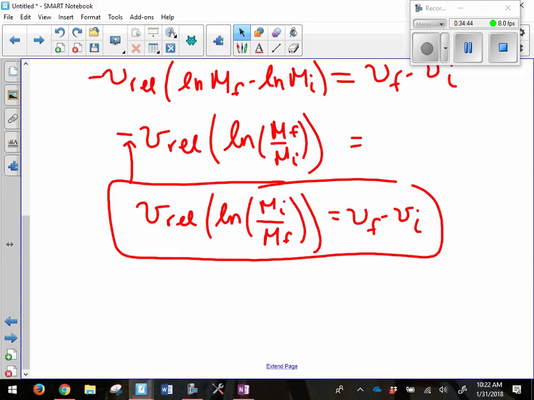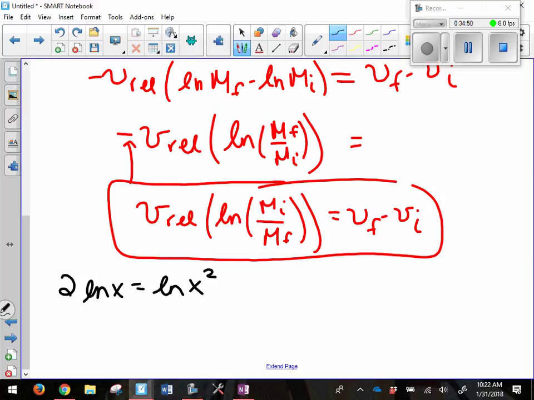Just like 2 natural log x is the natural log of x squared. But if I make it to the -1, that means I take the reciprocal of my fraction. Okay? We good? We got it?